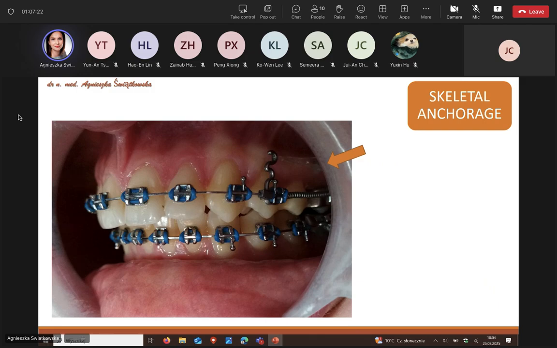Because in this situation, we expect that the root of this tooth during distalization will change position. If it is connected with the wire, we expect that it goes into the microscrew, and we expect resorption of this tooth.